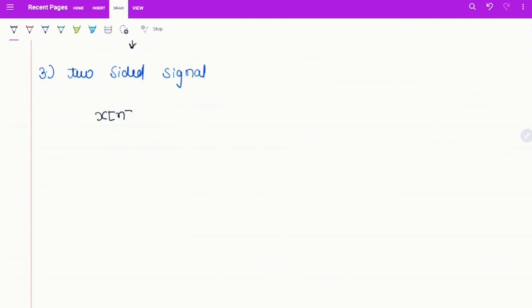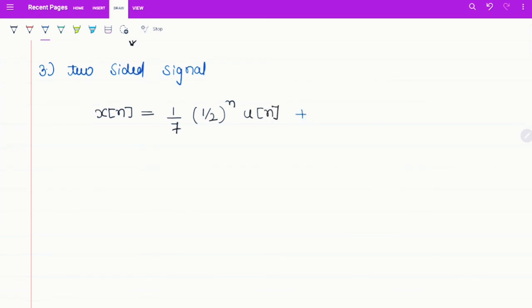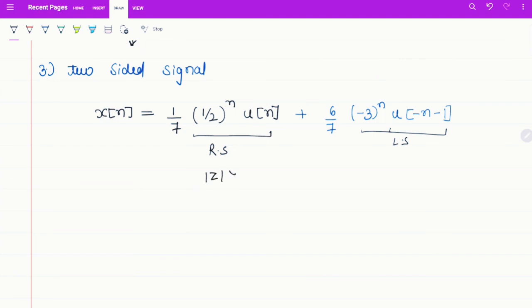So x of n is equal to 1 by 7 times 1 by 2 to the power n u of n, which is the right-sided signal, plus 6 by 7 times minus 3 to the power n u of minus n minus 1. This one is right-sided and this one is left-sided. So for right-sided, mod of z should be greater than a. For left-sided, mod of z should be less than mod of minus 3.